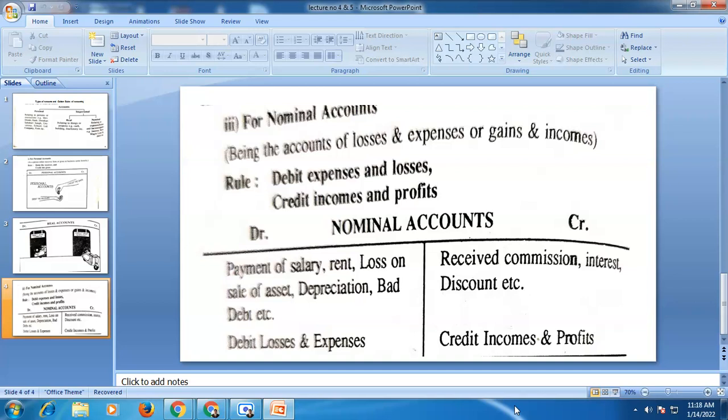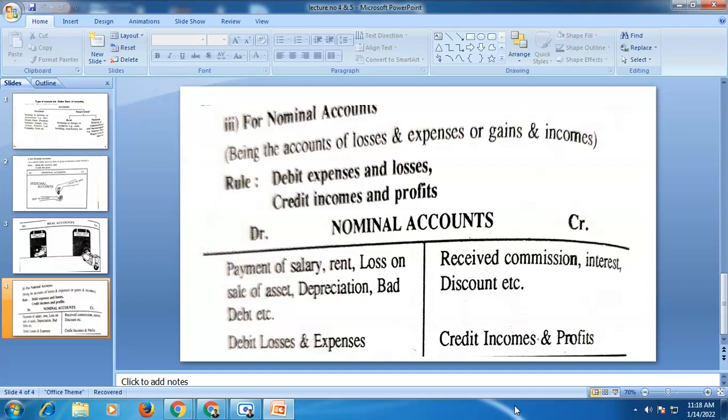On the left side, you can see, on the debit side of nominal accounts, the payment of salary, rent, loss on sale of asset, depreciation, bad debts: debit losses and expenses. So all the expenses and losses incurred during the accounting procedure under nominal accounts are debited while journalizing the business transaction in the books of accounts.